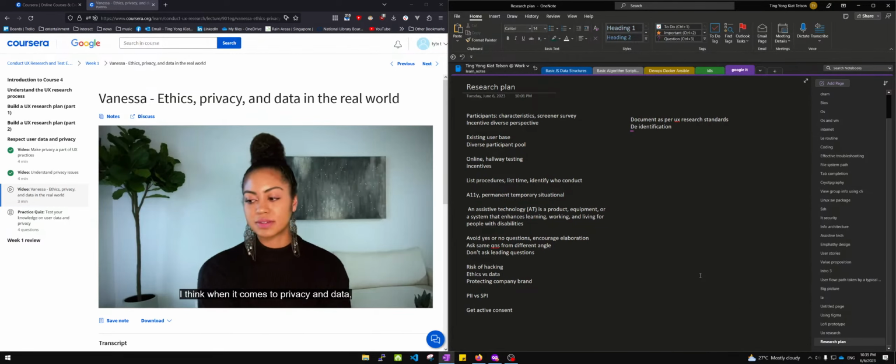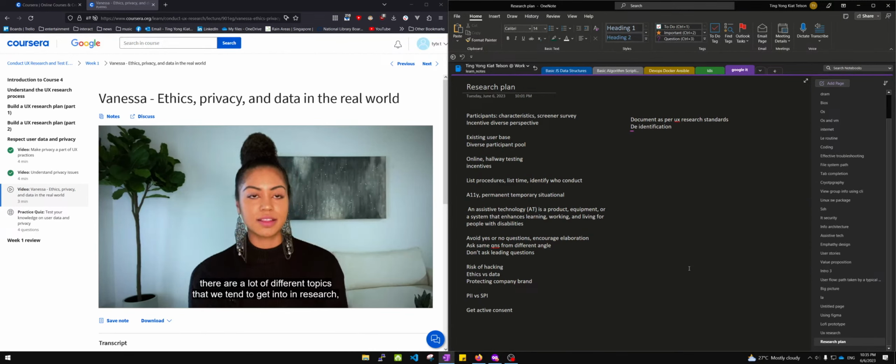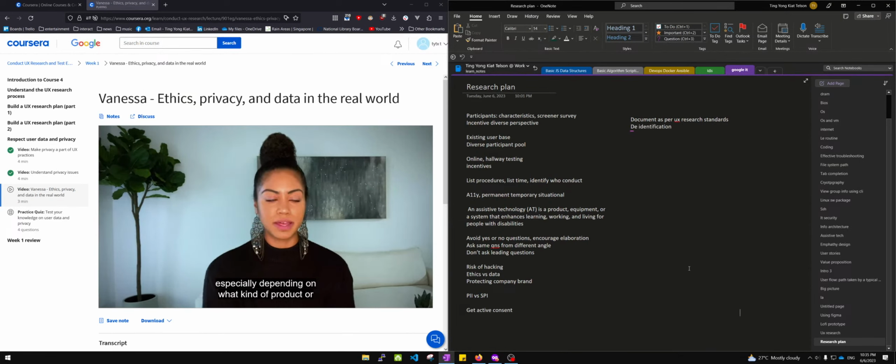I think when it comes to privacy and data, there are a lot of different topics that we tend to get into in research, especially depending on what kind of product or service that you're working on and talking about.